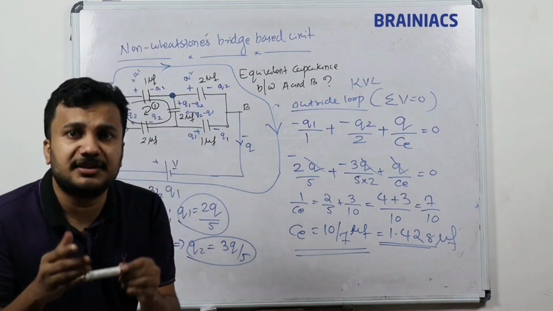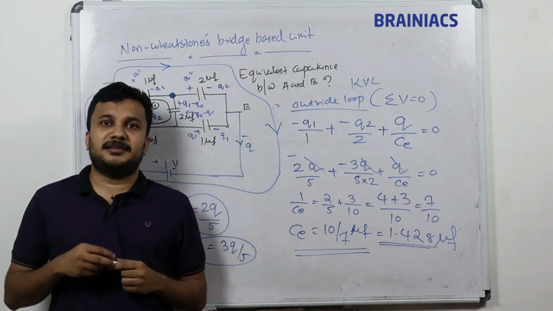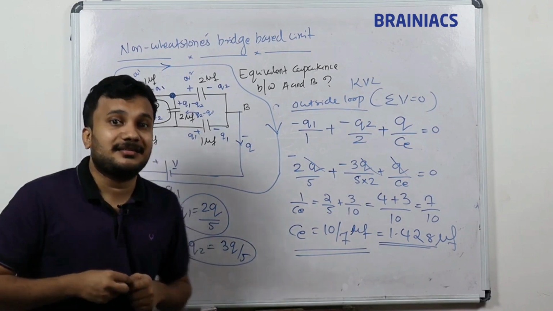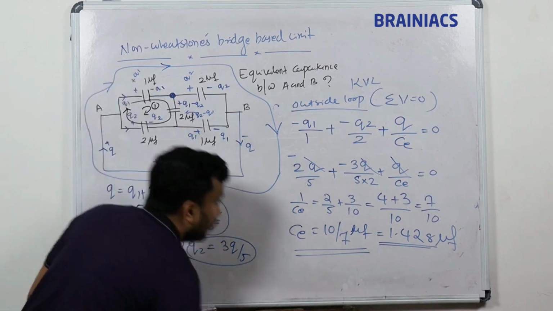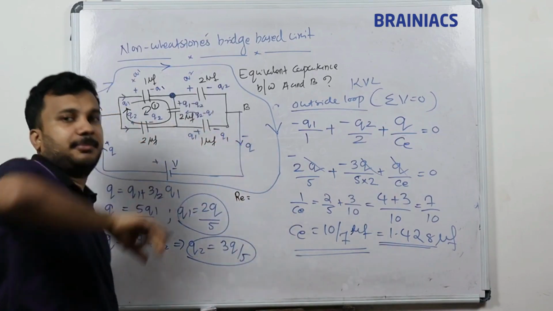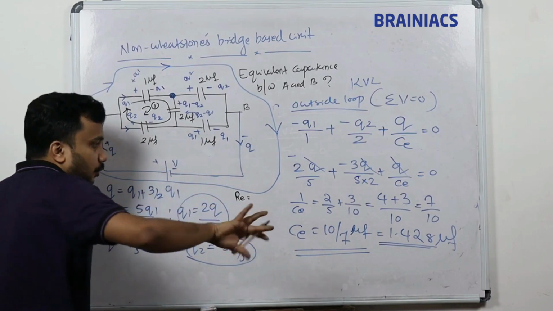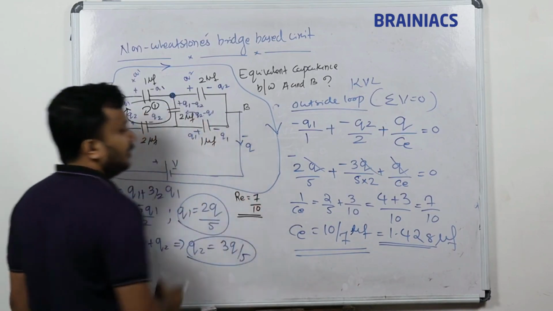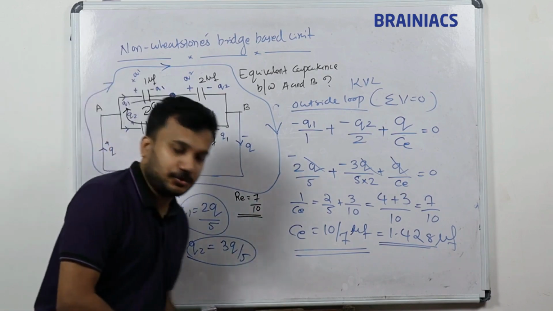If the same question is asked in current electricity, as a non-Wheatstone bridge circuit, then what will you get for R equivalent? R equivalent is the reverse of the capacitor value, so 7 by 10 will come if it is a resistor-based question.